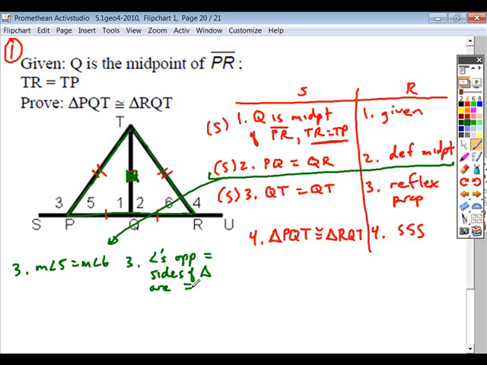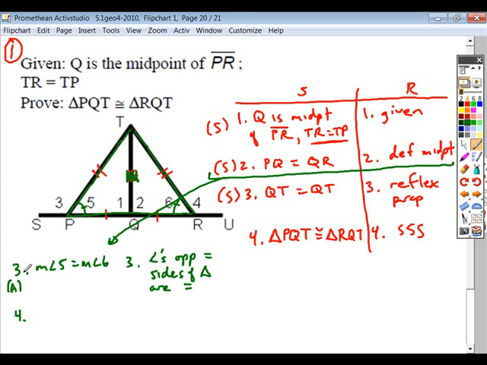Okay, so this is one of the relationships that we discussed in class. And the angles that are opposite equal sides, it's basically the base angles of an isosceles triangle are equal. So you could have determined that angles 5 and 6 were equal. If that was the case, then this would be a set of angles that we have congruent.